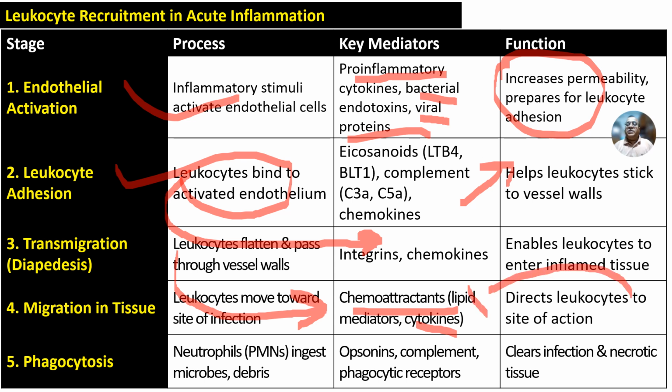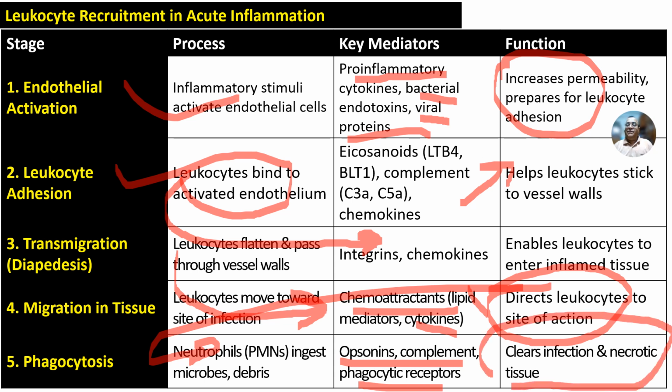So the leukocytes are directed toward the site of the infection. Finally, phagocytosis starts, where the neutrophils ingest microbes and debris. This is achieved by opsonins, the complement system and phagocytic receptors, and hence they clear the infection and necrotic tissue.